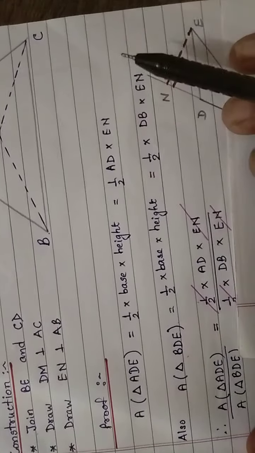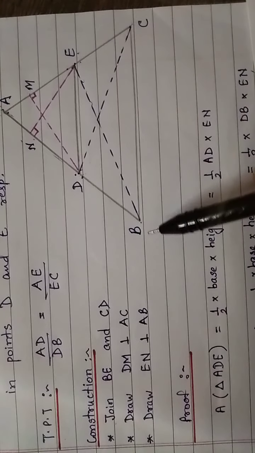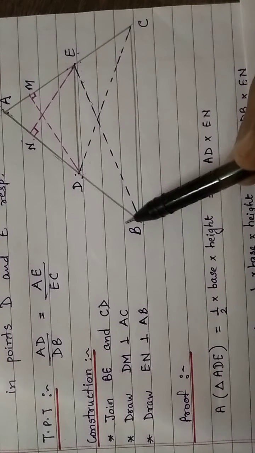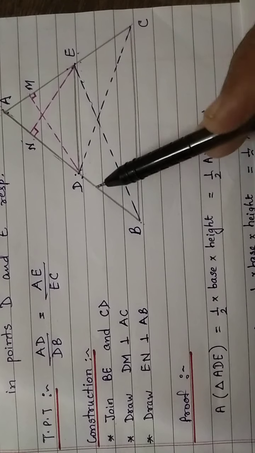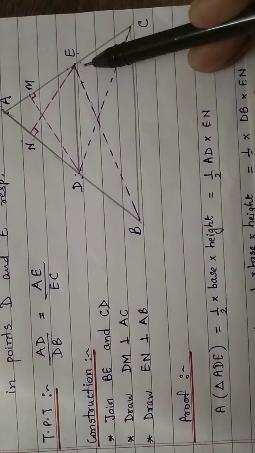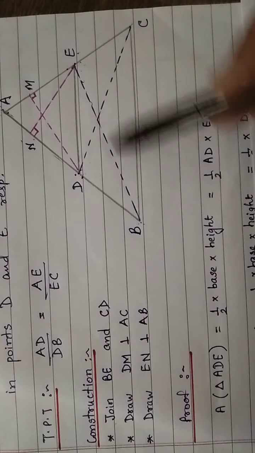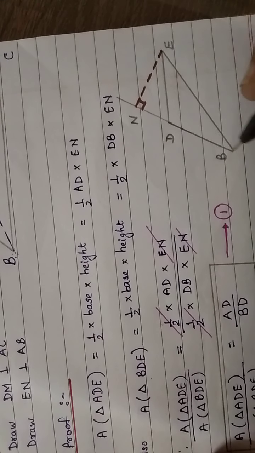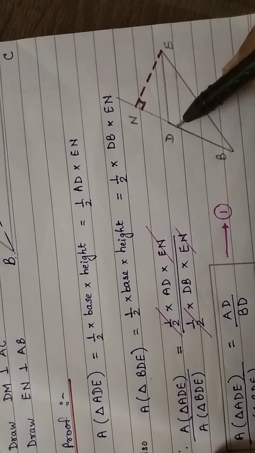Now in my figure, where does BDE lie? B, D and E. This triangle BDE is what I am going to talk about. Now if I draw this BDE separately, it looks like this.